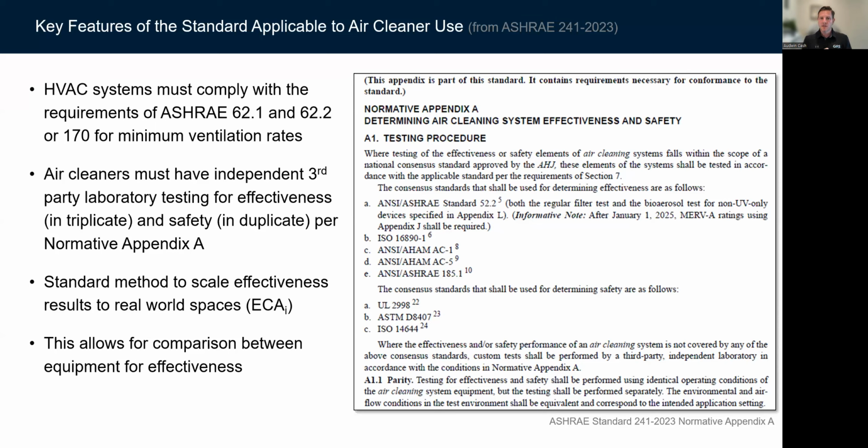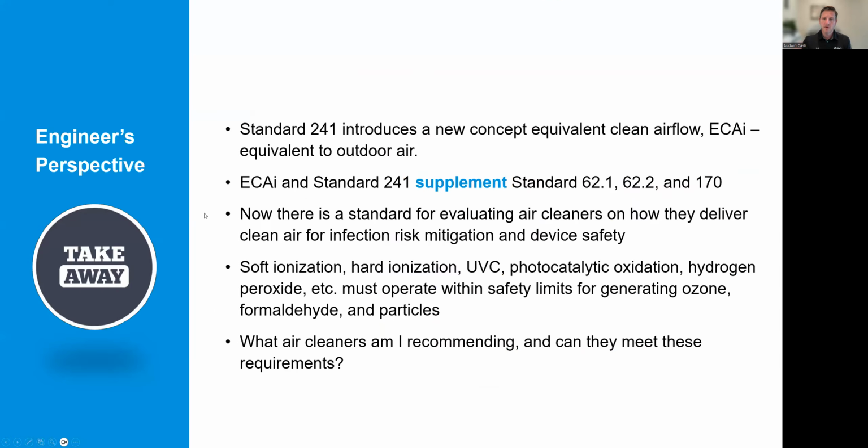So you, as an engineer using an air cleaner on a project, could at least say that the products approved for use on my project need to have at least passed the safety portion of 241. So that raises the bar around the performance requirements. It also eliminates poor quality product from entering the project, and makes sure that what's left on the job when you're finished is a safe piece of equipment.